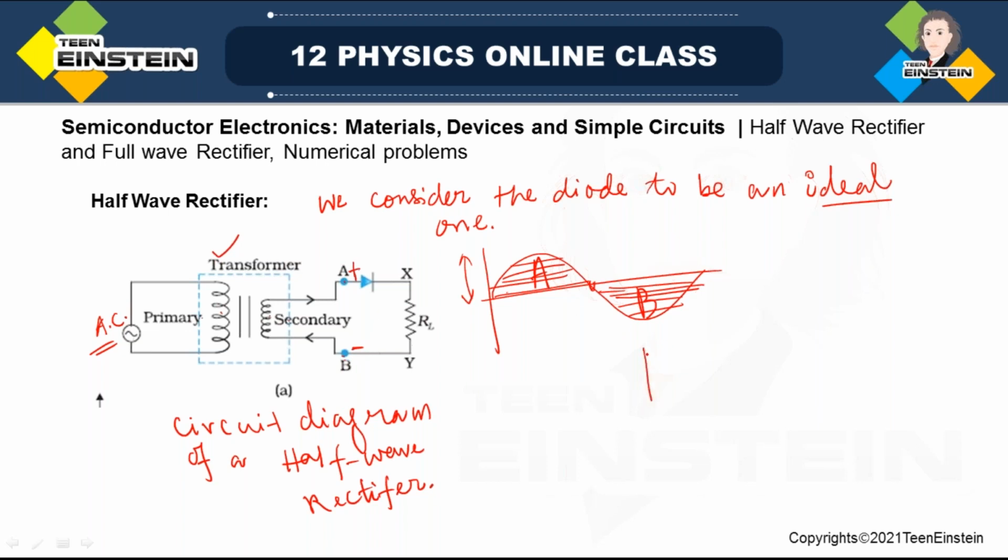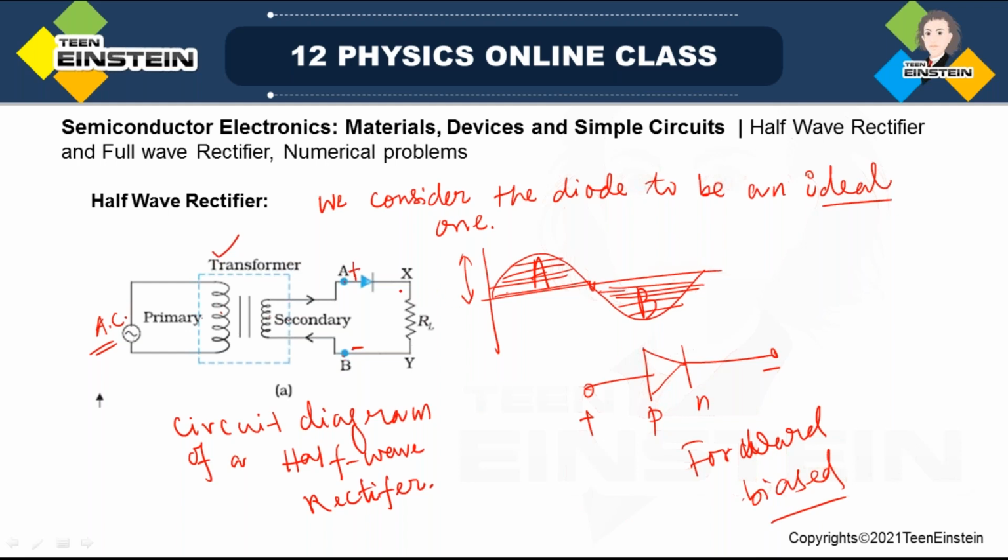That means this diode, see, this side N is negative and this side P is positive, connected to the positive terminal of the battery. That means what? This is forward bias. Okay, forward biased.